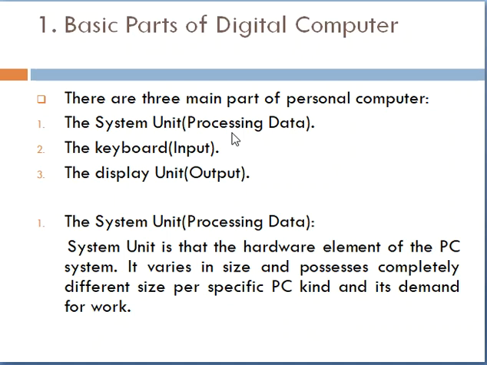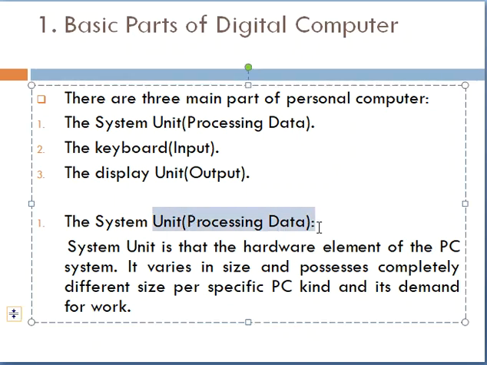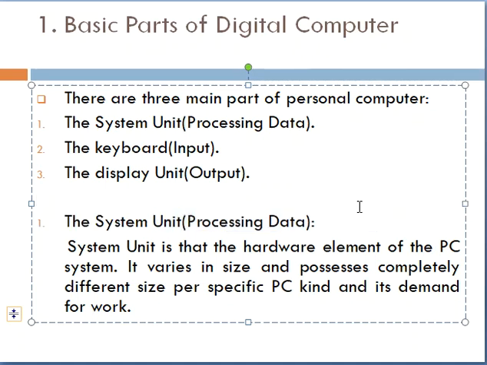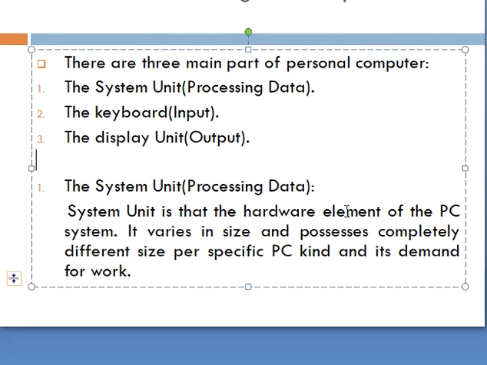This is known as a system unit, and it contains all the peripherals attached with the motherboard, microprocessor, and many more peripherals. So this is a system unit which processes the data. This is the first part of our digital personal computer.